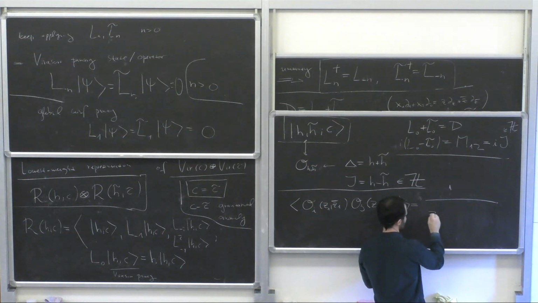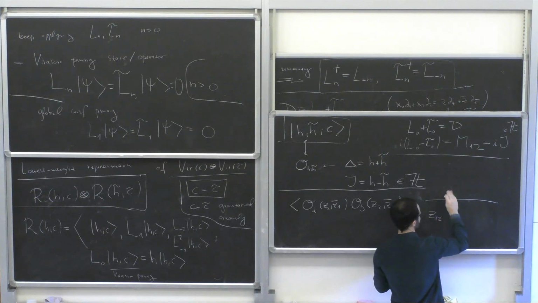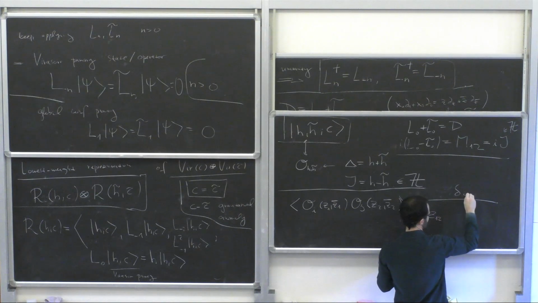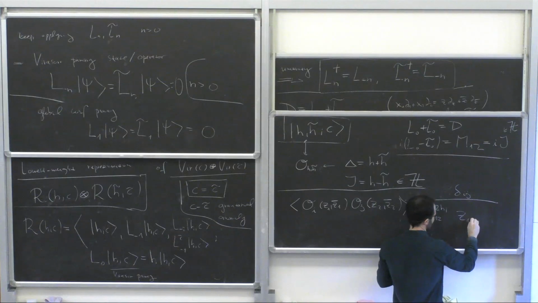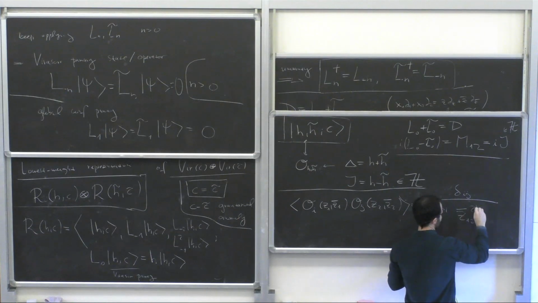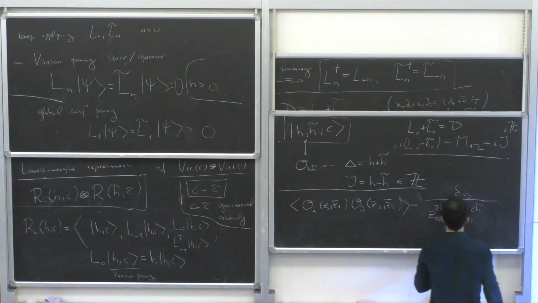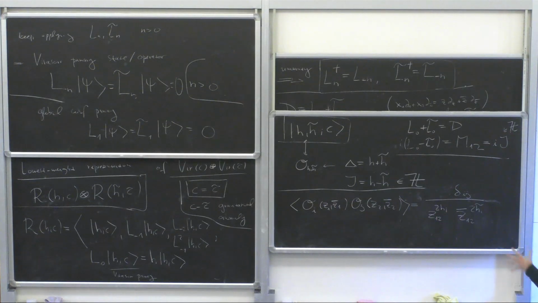First of all, it's diagonal, just like in general dimensions, and then we have z12 to the power 2H_I, and z12 bar to the power 2H_I tilde. In fact, this is slightly more general than what I showed you.